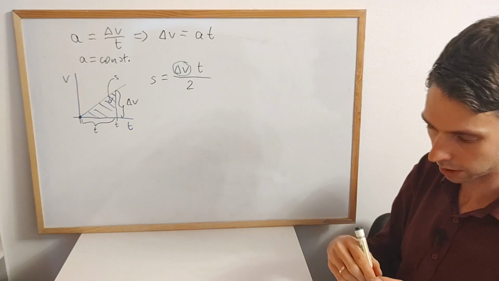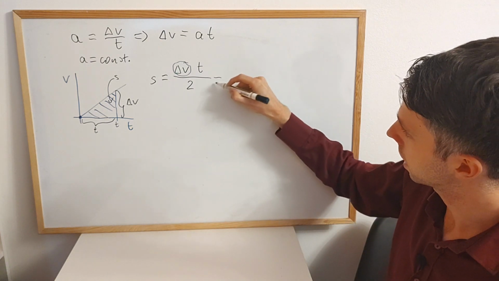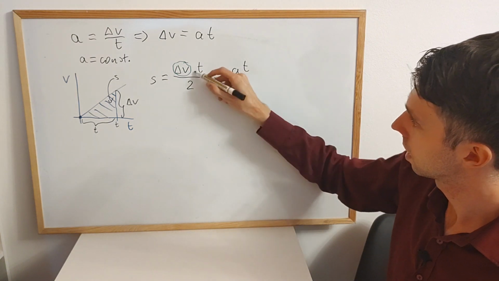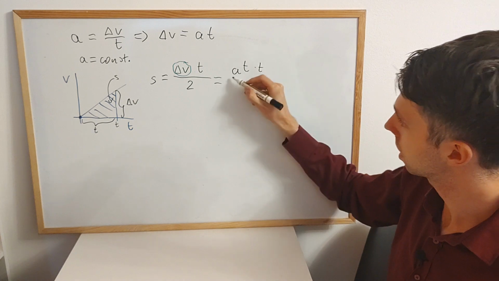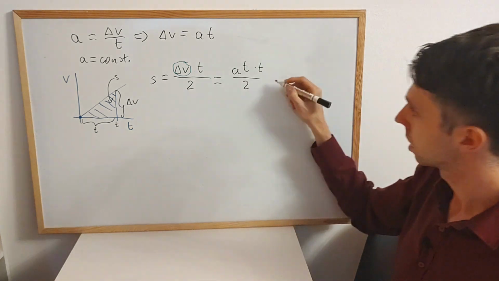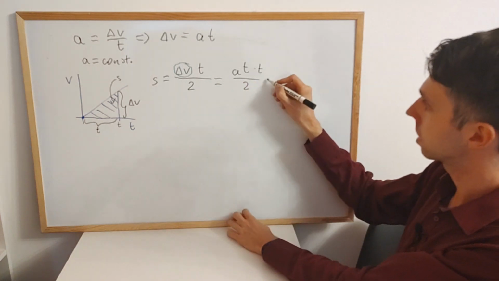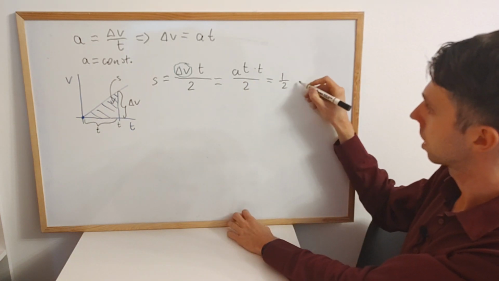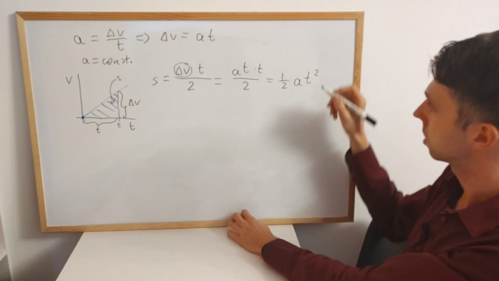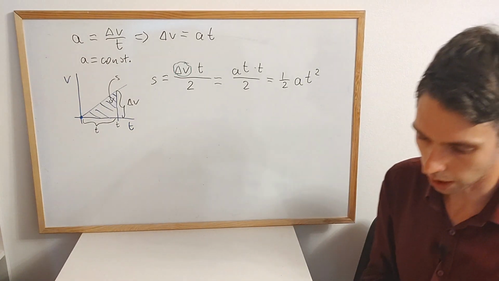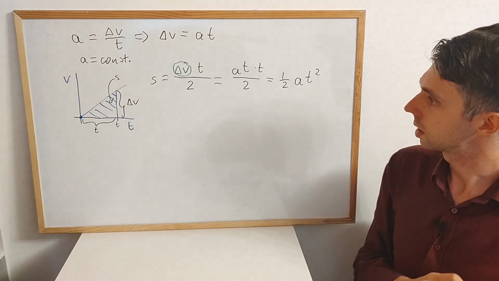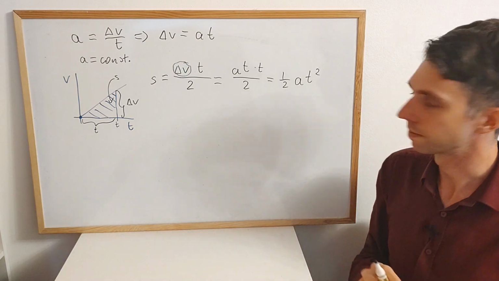So instead of delta v, I can write a t, and now times t divided by 2. So distance can be written like this, but it can be also written as 1/2 a t squared, which for some reasons is sometimes more useful.